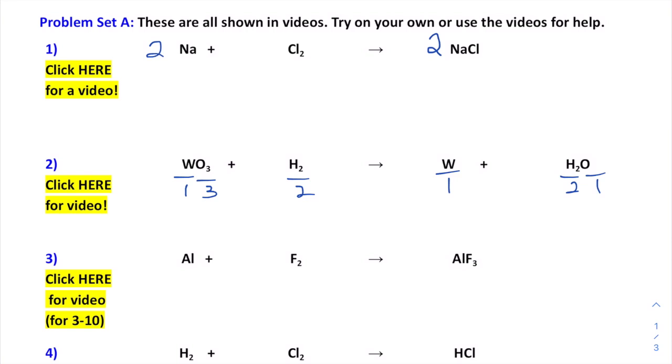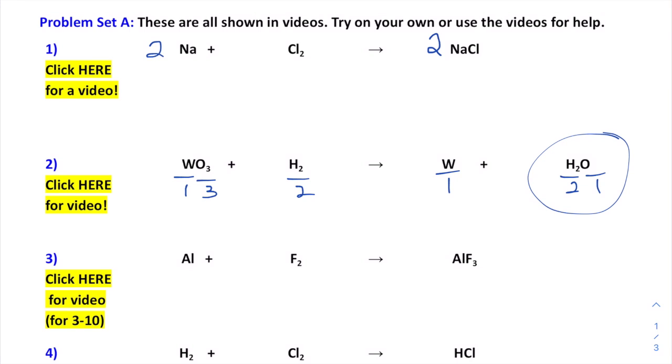Now I'm going to look at the O's: 3 O's, and on the other side, only 1 O. So that is not balanced. So I'm going to think about those O's, and I also might want to check and see I have 2 H and 2 H, and the O is going to change that, so I'll figure out what to do with H's as well. So I have fewer O's on the right side over here.